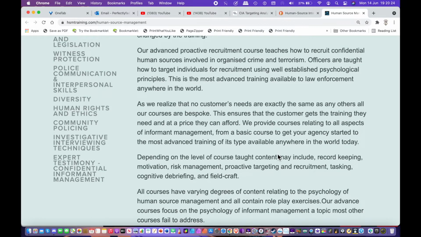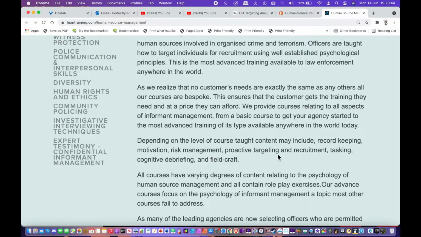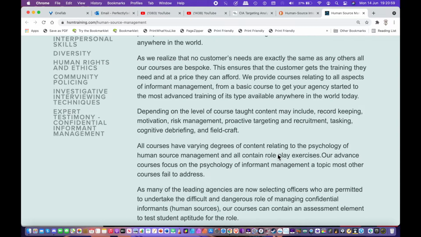As we realize that no customer's needs are exactly the same as any others, all our courses are bespoke. This ensures that the customer gets the training they need and at a price they can afford. We provide courses relating to all aspects of informant management, from a basic course to get your agency started to the most advanced training of its type available anywhere in the world.